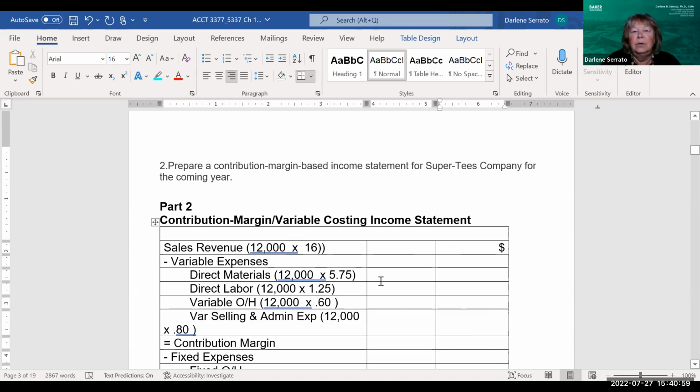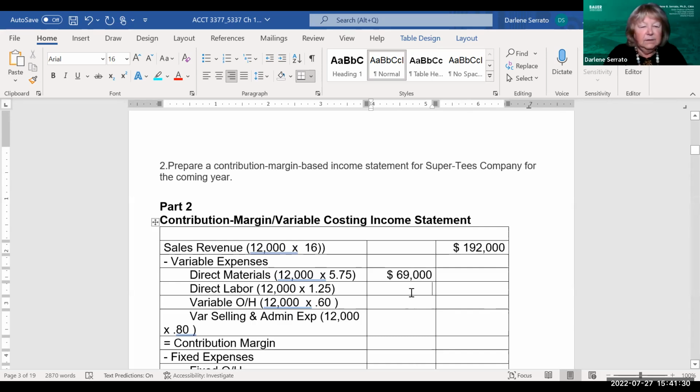So this is not a general journal form. This is a report form where I have two columns. Detail goes in the inside column, subtotals on the outside column. So this one is 192,000. I'm going to have to put a dollar sign again. This is 69,000.